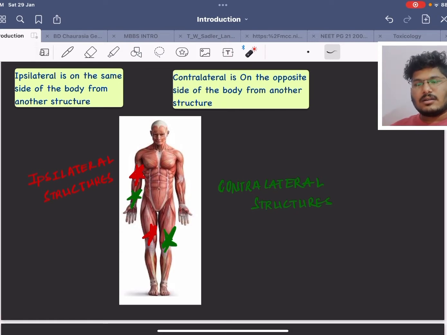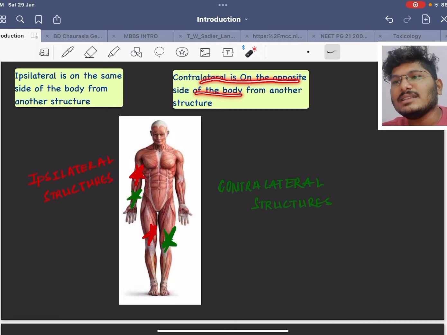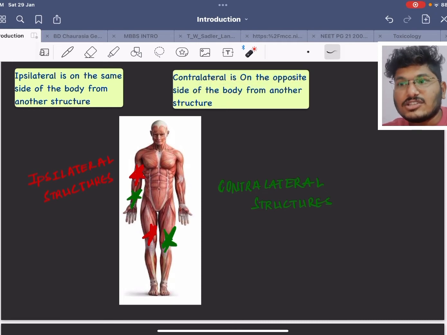Similarly, if the right cerebral hemisphere is involved in some disease and the left hand undergoes paralysis, it's called contralateral involvement of the upper limb, or contralateral paralysis of the hand. So ipsilateral is something on the same side of the body from another structure, and contralateral is the term we use for a structure which is on the opposite side of the body from the other structure.